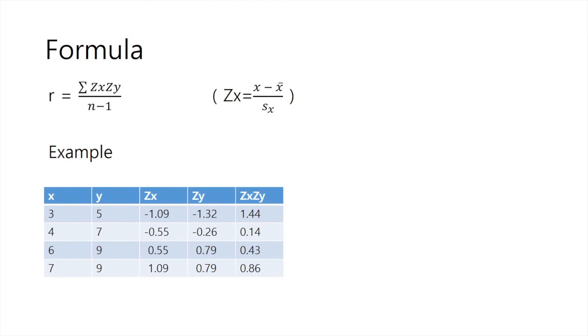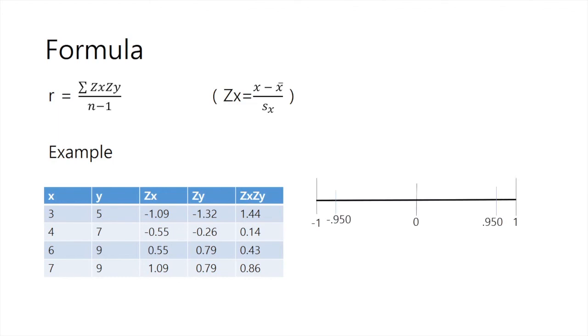This table actually looks a little bit simpler than the table used for the previous formula. It would be because it deals with relatively smaller numbers since x is not squared, but take into account that we'll have to calculate x bar and sx using the calculator. It's actually a little bit more complicated than the previous formula.